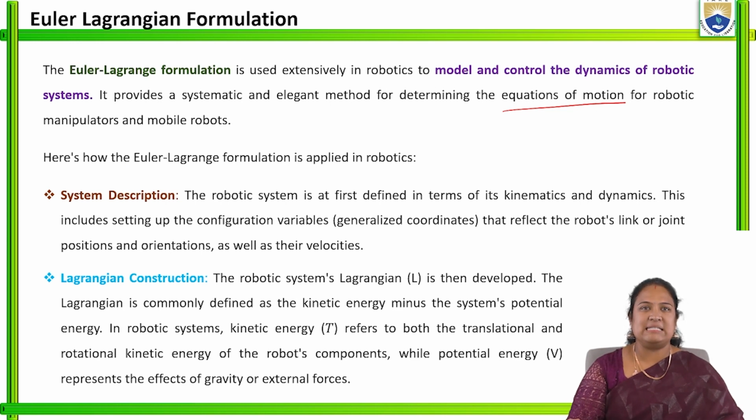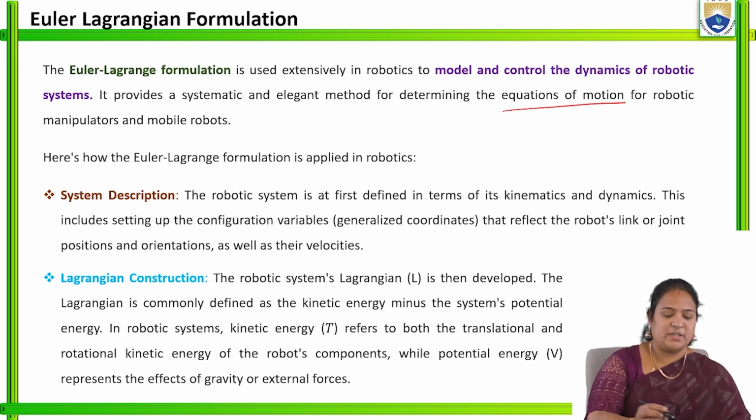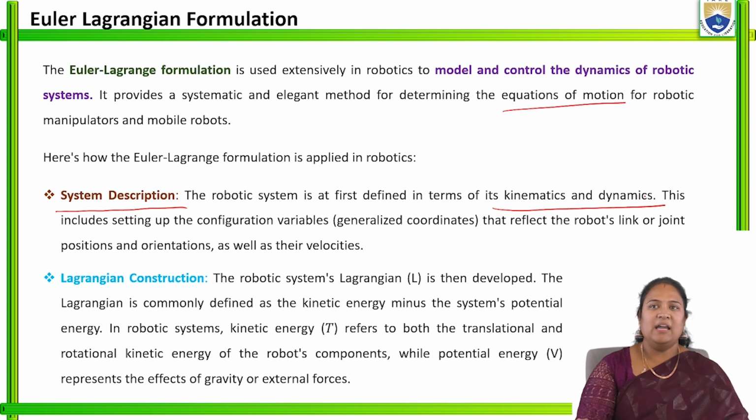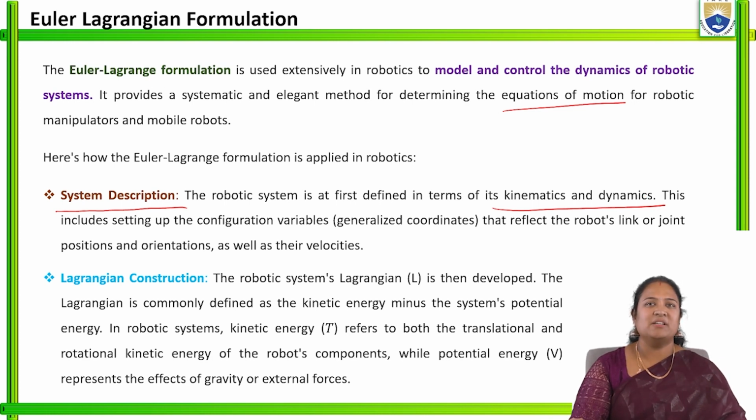Firstly, let us discuss the system description. What happens in the system description when we are using the Lagrangian formulation? The system description is used to find out the kinematics and dynamics of the robot's manipulator.